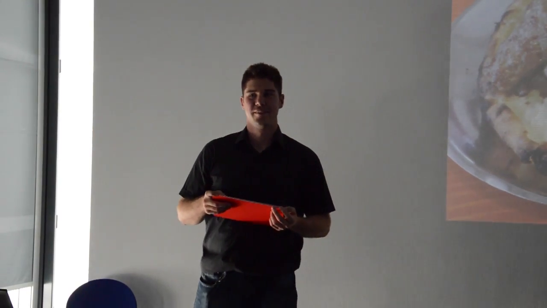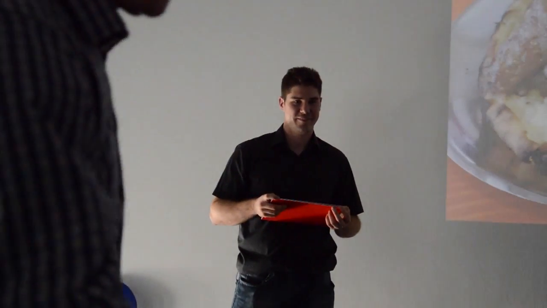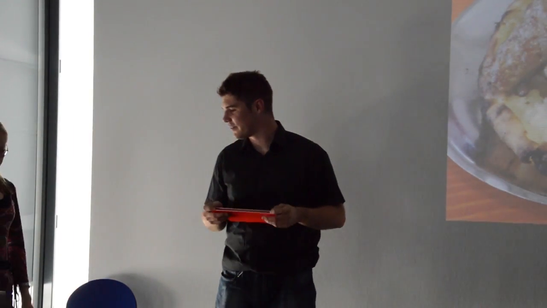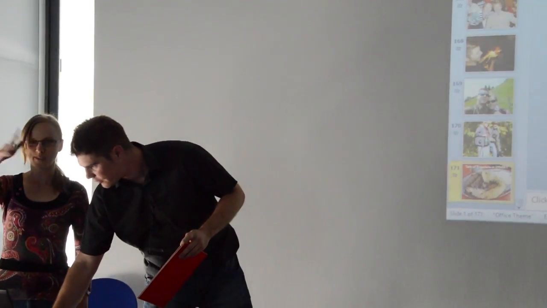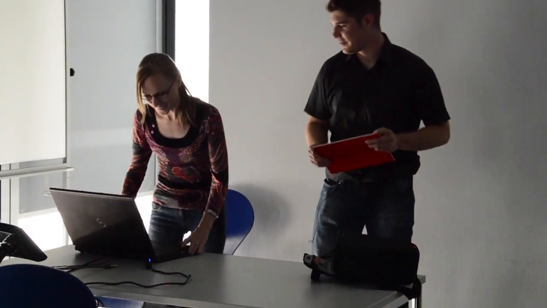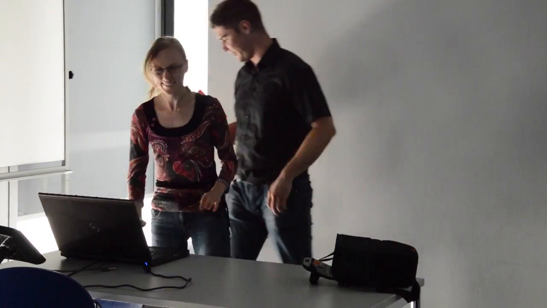Okay. Martin, this is for you, a small gift from Croatia. There's also a bit from all of us to show you. So now you can sit in the audience. Okay.